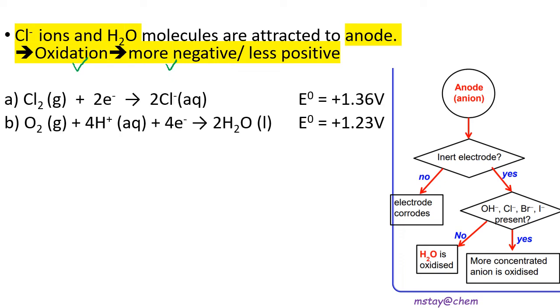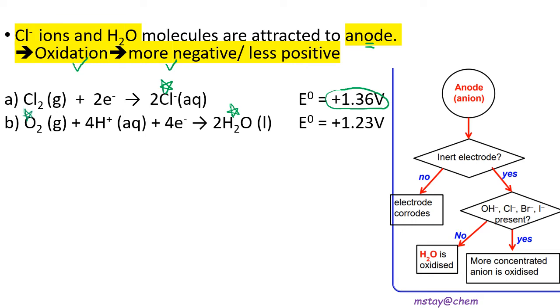Okay, so here now we have chloride ion. We have to look for the half equation which consists of chloride ion, where the SRP value is positive 1.36 volt. For the other one, we look for the half equation with water, because water is also attracted to the anode, so we have to find another half equation with water and oxygen gas.